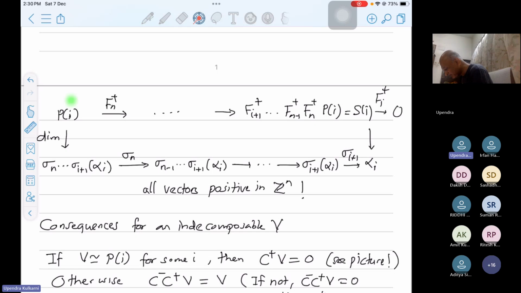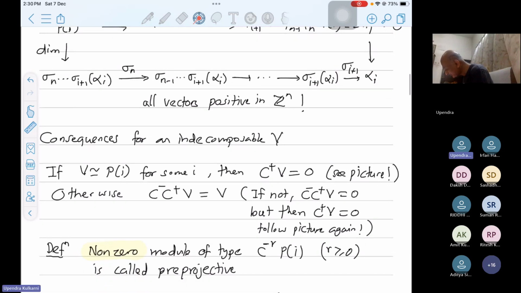I'm starting with some V, and Fn plus all the way up to F1 plus is keeping everything non-zero. But if that is the case, at every stage, if the result is non-zero, then when I work backwards, I'm just going to recreate what I started. So what this says is that C plus V itself has to be 0.